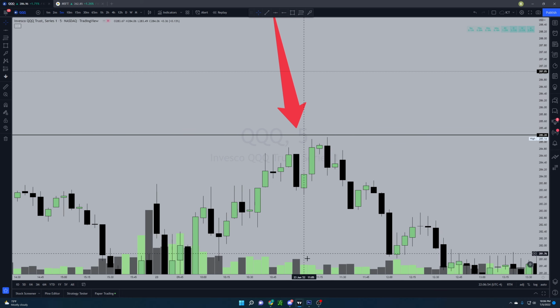So if we turn on volume and we look at volume here, volume's another one of my favorite indicators. We have these two candles that are leading up to this resistance pretty close, right? Notice the volume there. Notice the volume bars, the size. And then you get this candle. So you see sellers are here, right? Like this candle is sellers making a statement.